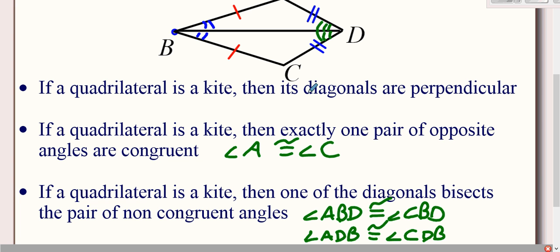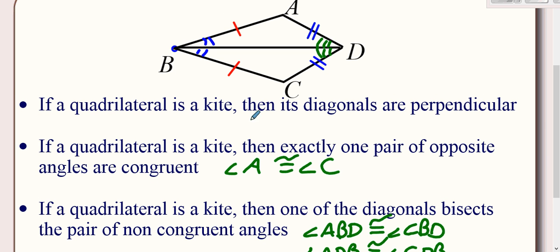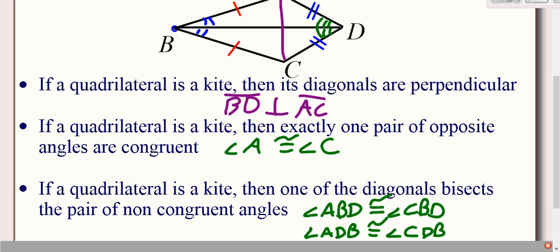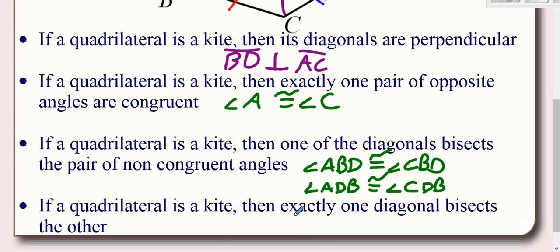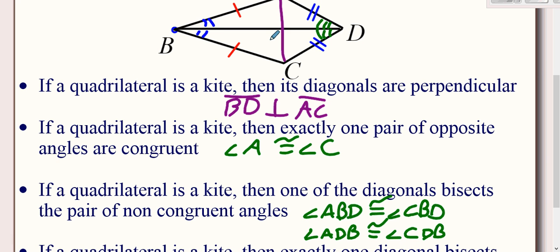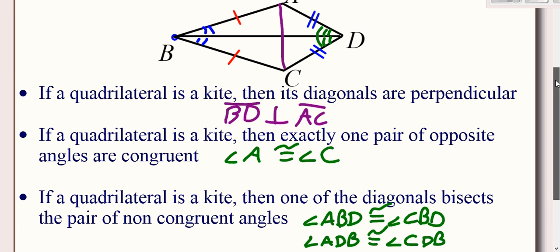Might as well write the diagonals are perpendicular as an expression also. BD is perpendicular to AC. And then the last property: one diagonal bisects the other. So these lines that are now drawn in here, BD and AC, one of them gets cut in half.